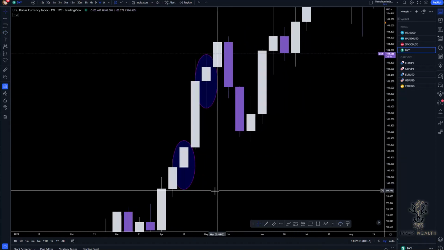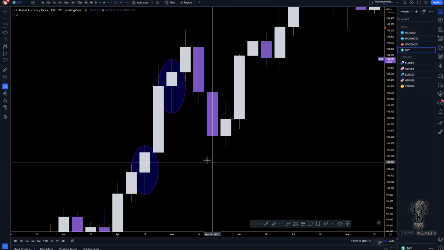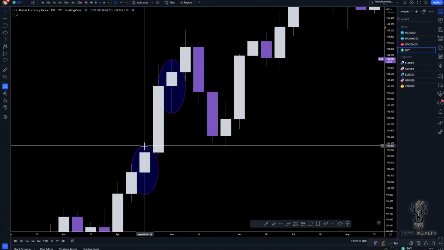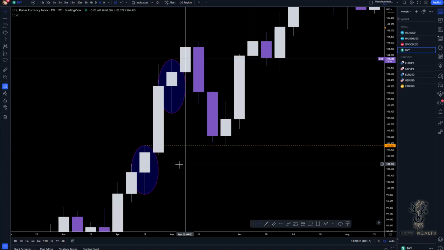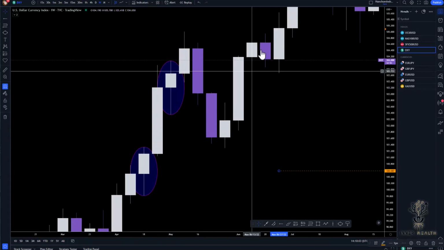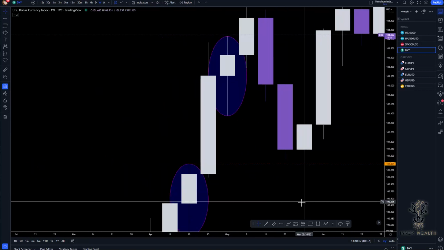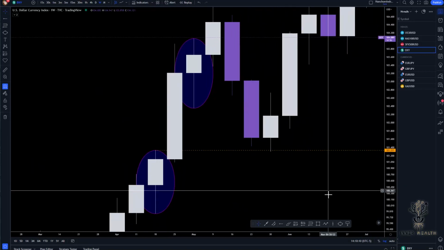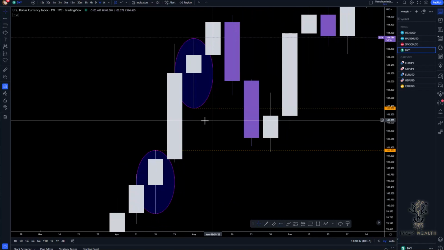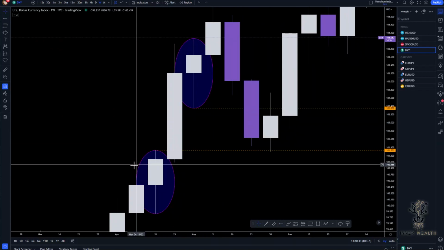Okay, in a bullish example, the high of the first candle is now utilized, and the low of the third candle is the closure of the imbalance.